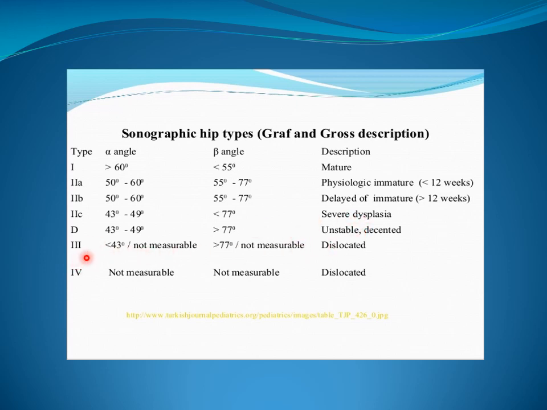Type 3 is either less than 43 degrees for the alpha angle and more than 77 degrees for the beta angle, or maybe it's not measurable if the head is dislocated outside the socket, as we will see in some examples later. Type 4 is not measurable because usually the head is displaced totally outside the socket.